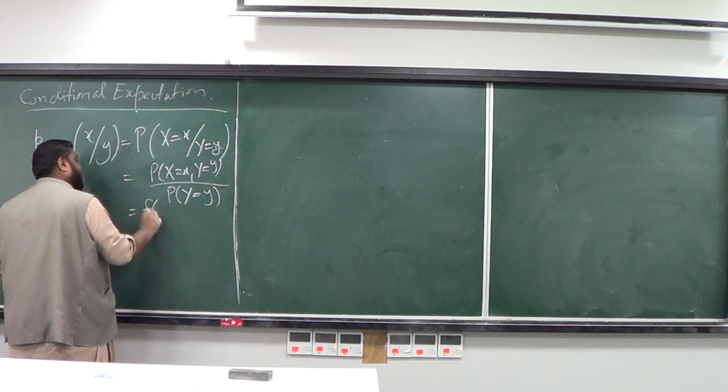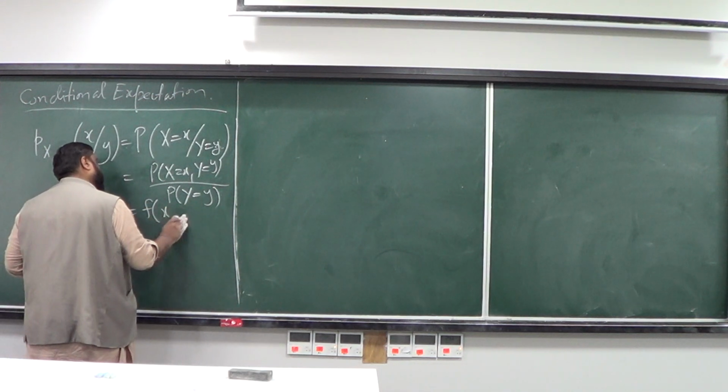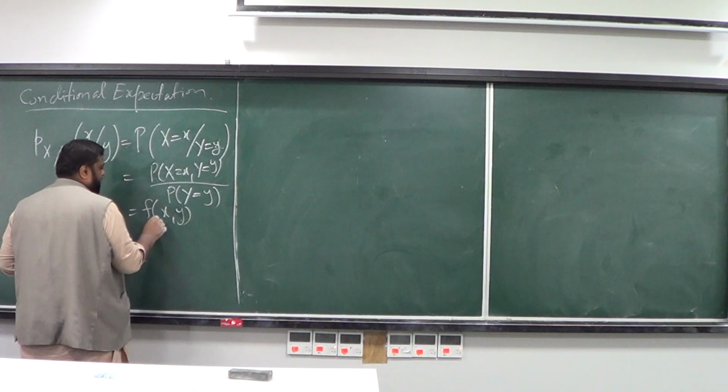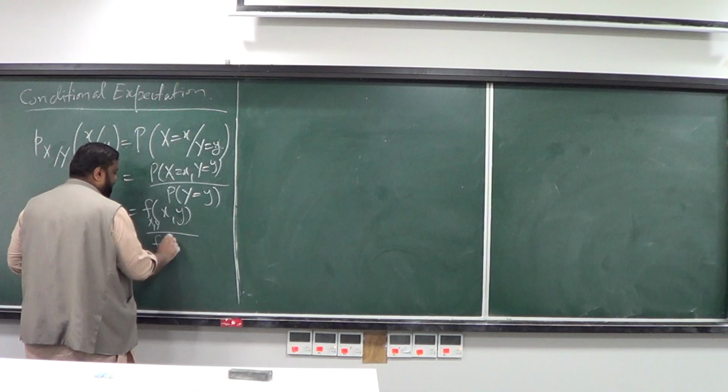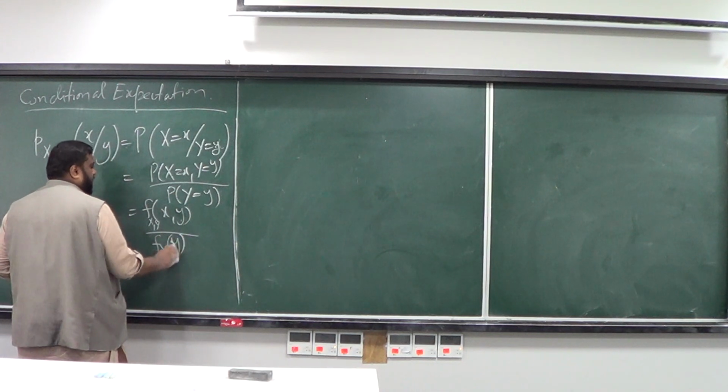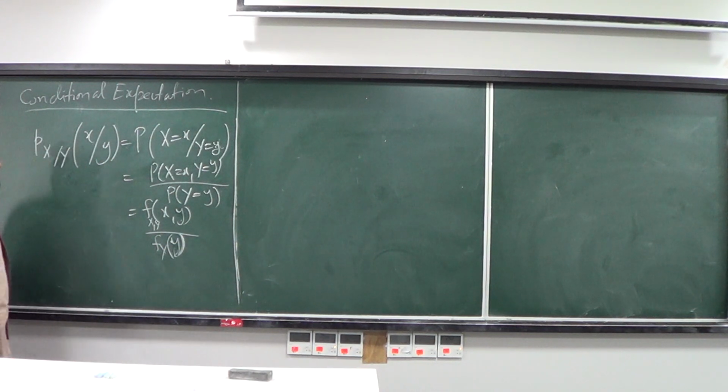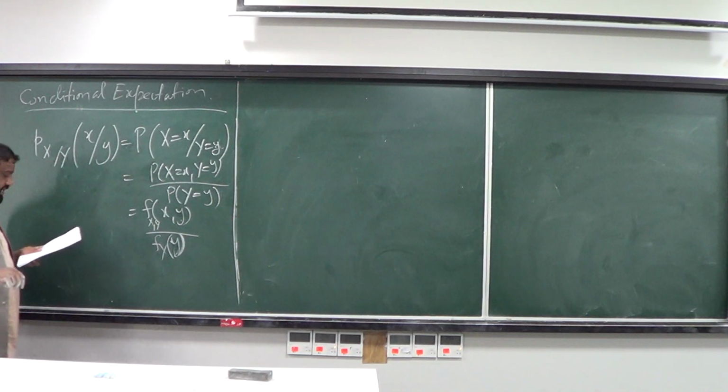The above quantity is the joint PDF of x and y, and the below quantity is the marginal PDF of the random variable y. We know this stuff, and we're going to use this in a minute.